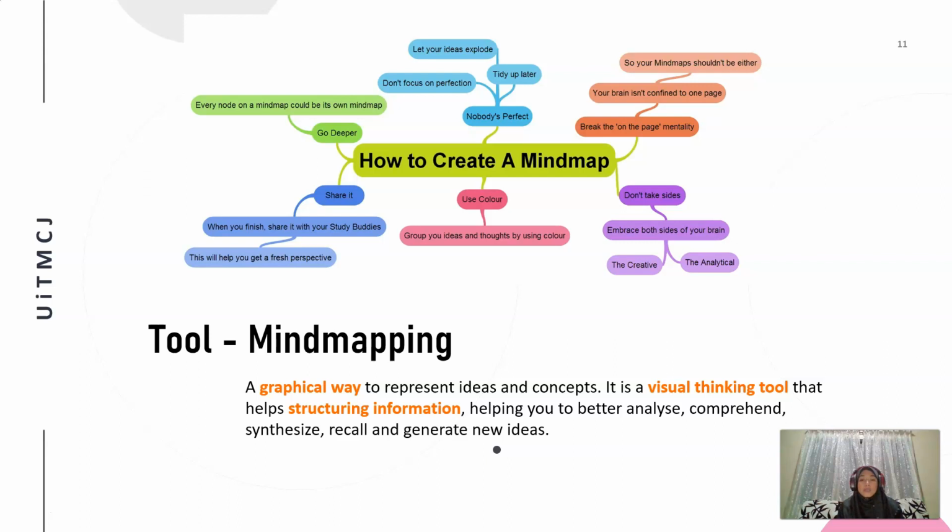You structure your information in a graphical way and represent the ideas from your mind in terms of concepts. Mind mapping is a visual thinking tool, so I think it is one of the best tools to structure your critical thinking.